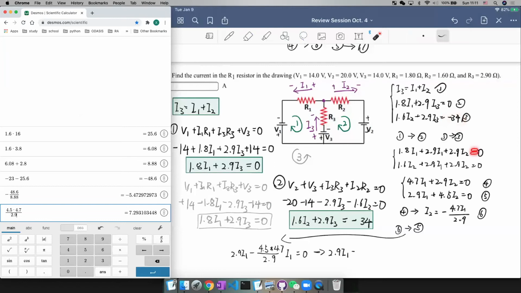I just wrote down equals 0, which is not the truth, because equation 3 equals negative 34. So at the end, if you find your current equal to 0, it's wrong. You need to go back, check your equation, see where you made the mistake. And here I left the negative 34.